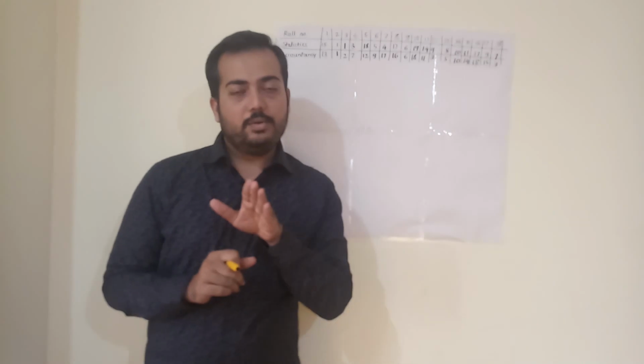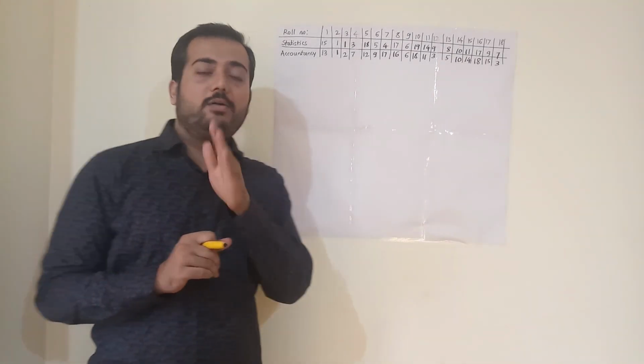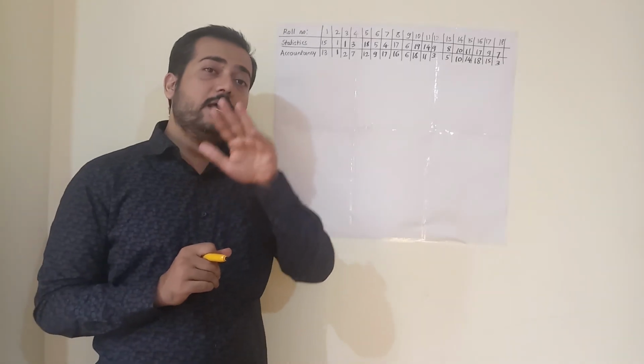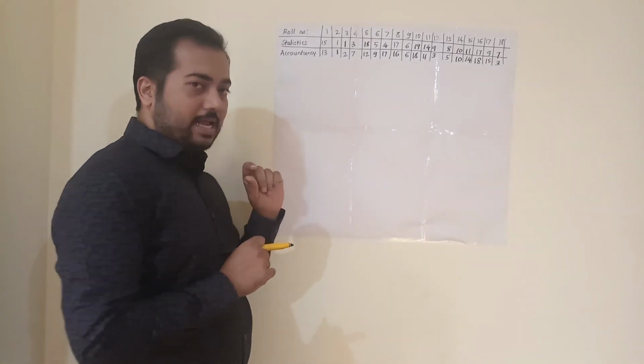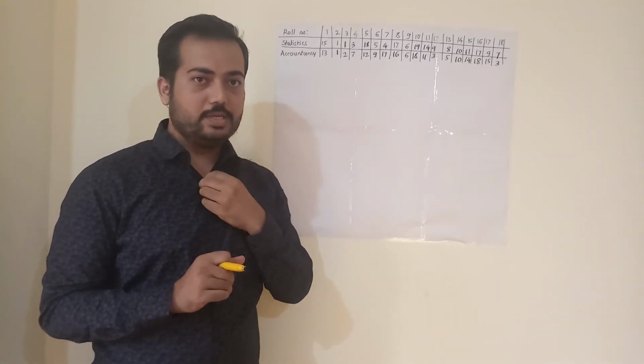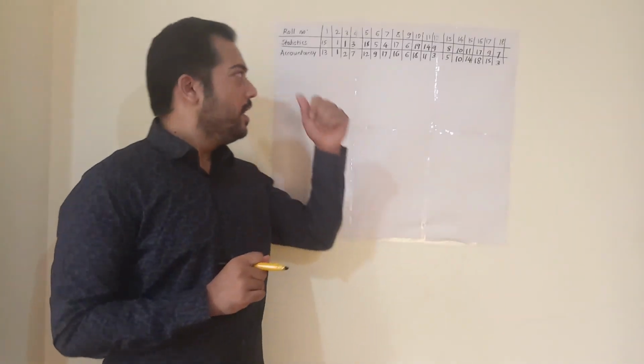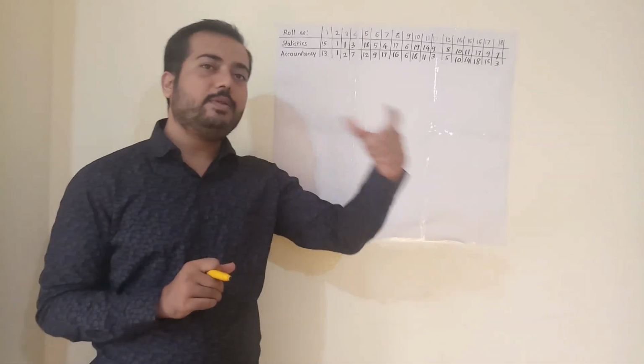So we can conclude the marks range from 1 to 20. Then we have to define the class intervals. It is suggested that when you define class intervals, the number of classes should be the same for both variables. So for statistics I'll have the same number of classes, and for accountancy as well.